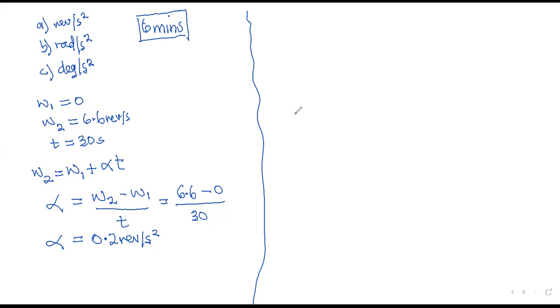The second question, I can use the results I had for A to answer B. A's answer is that alpha is equal to 0.2 rev over 1 second squared. The denominator, we have no problem, because it's in seconds squared. But the numerator is what we must convert to radian.